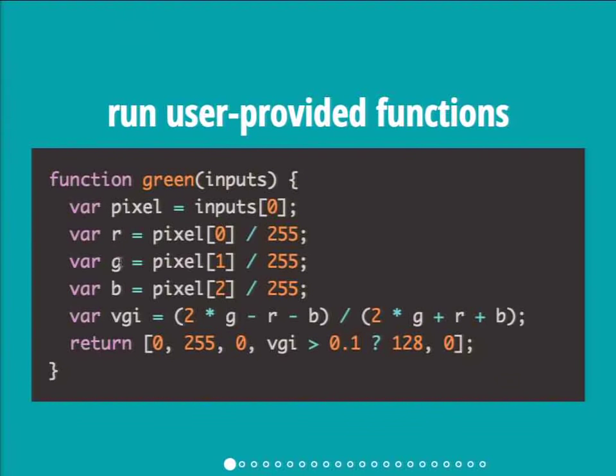I'm getting the R, G, B, red, green, blue values, and calculating a vegetation index just based on those visible brightness values. And then I'm returning a pixel that is green if the vegetation index is over some value, with an alpha value of about 50%, and fully transparent otherwise.